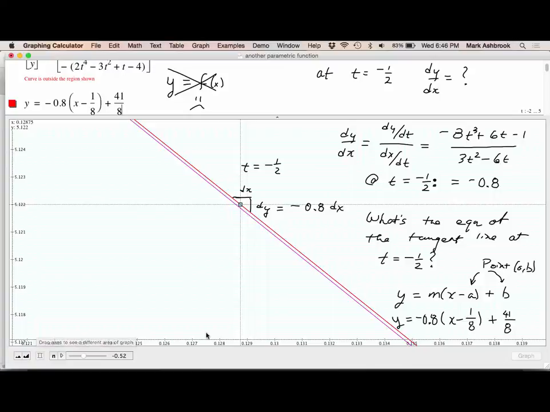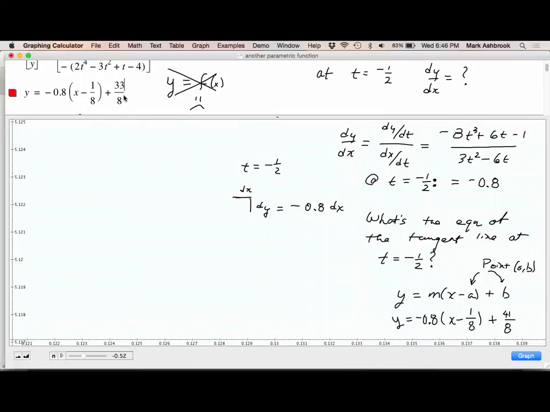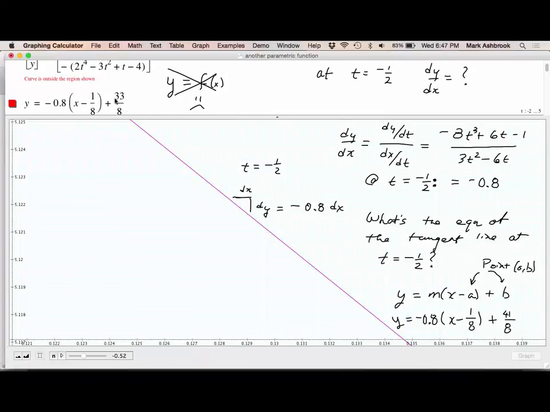I think it's 33/8? I think so too. Wait a sec. It didn't graph it. I guess, yeah, the curve is outside the region shown. What's going on?